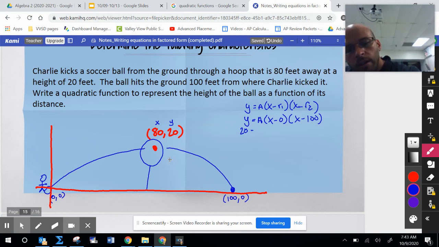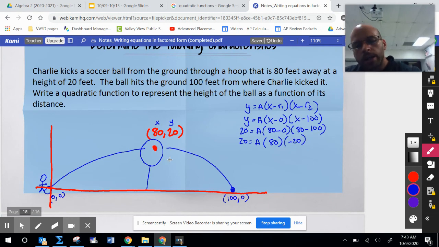All right. My x value is 80. So 80 minus 100. Now we just need to reduce this a little bit. So 80 minus 0 is still 80. 80 minus 100 is negative 20. Now we're going to get a big number here, but don't freak out. So 80 times a negative 20 is a negative 1600a.